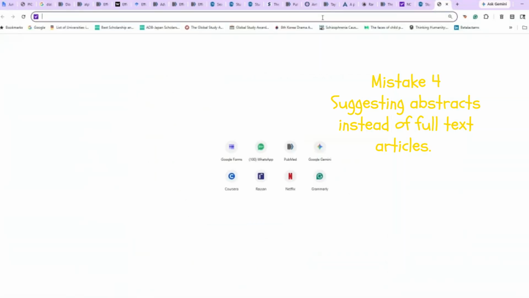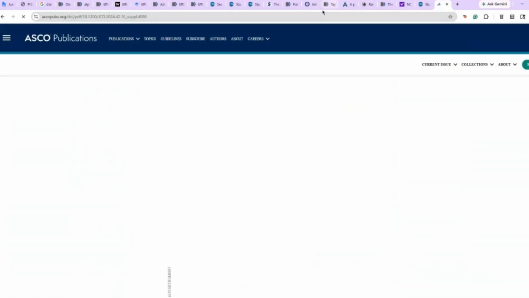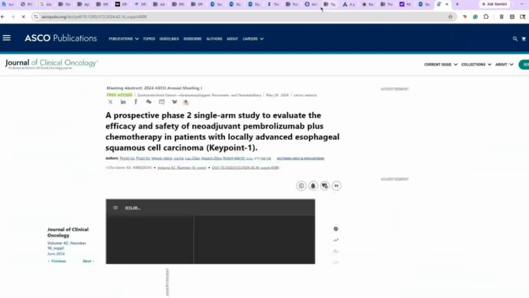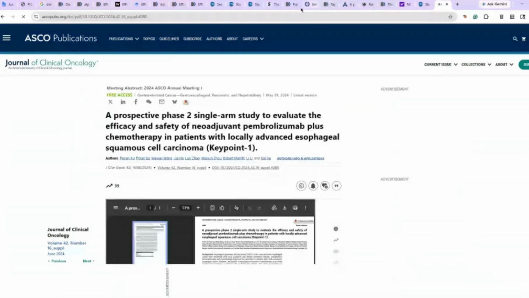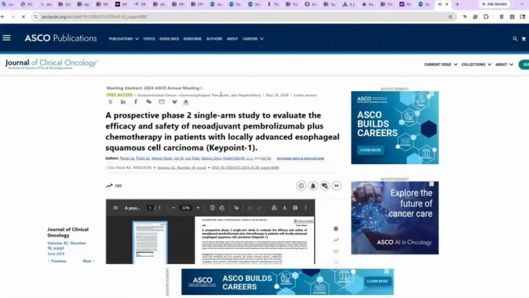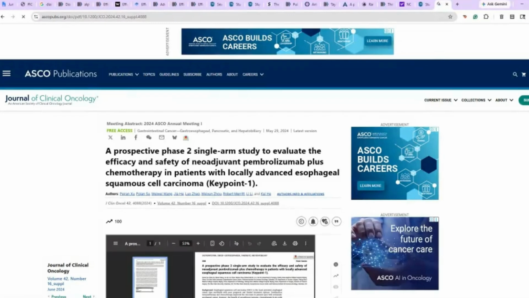When people publish in conferences, they sometimes only publish an abstract without a full text study. So how do I know if the study that I want to include in my topic is a full text study or just an abstract?